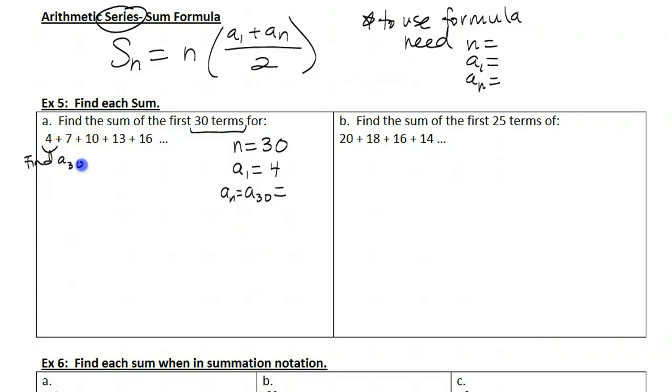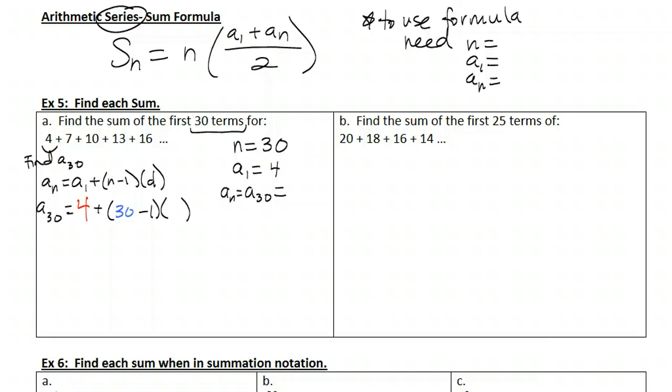So we're going to use my find any term formula, and it's crazy because we're using the same formula in so many different ways. Now, if I'm going to find term 30, n is 30, and then I plug in my other information. So I know term 1 already, that's 4. And we don't yet know what d is, so we need to find d.